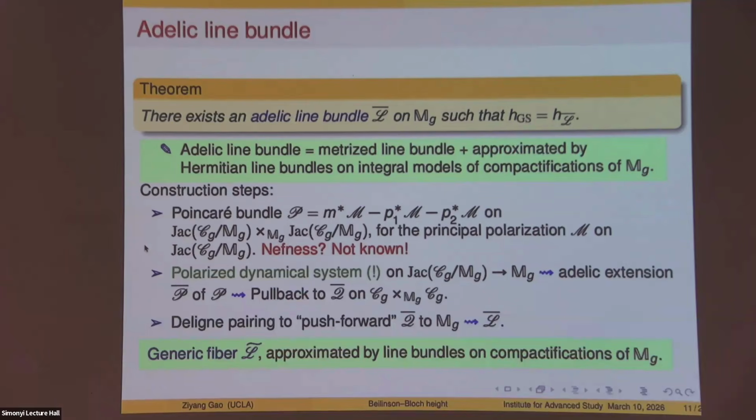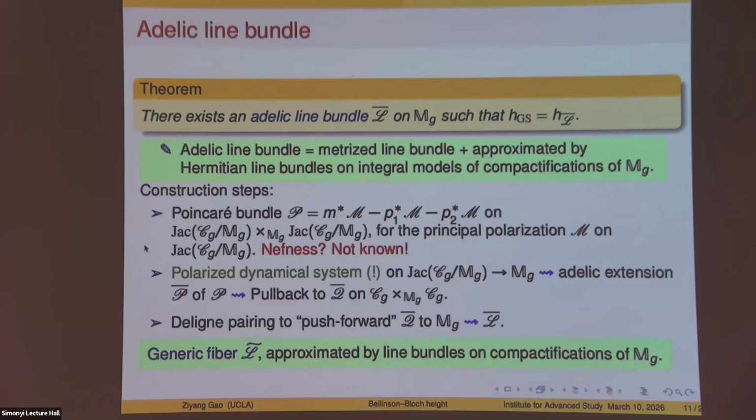This is a very nice theory on integral models of compactifications of M_g. So we consider really all the compactifications of M_g and all the integral models of them. And then we consider all the Hermitian line bundles and take limits many times. And there are some things called models, some things that are Cauchy sequences and so on. But in general, this is the idea.